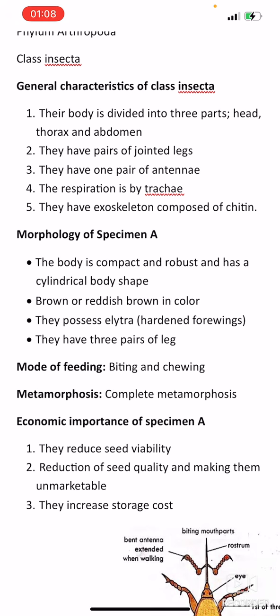It is brown or reddish brown in color. They possess 4 wings. They also have 3 pairs of legs. Their mode of feeding is biting and chewing, and they undergo complete metamorphosis.